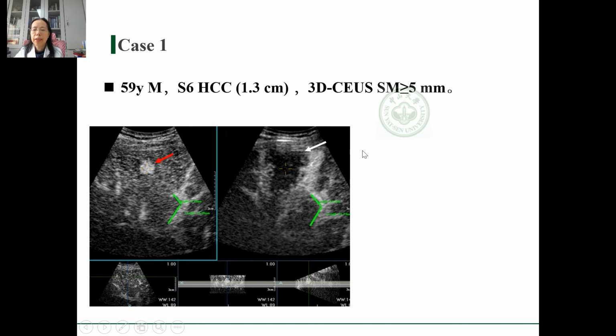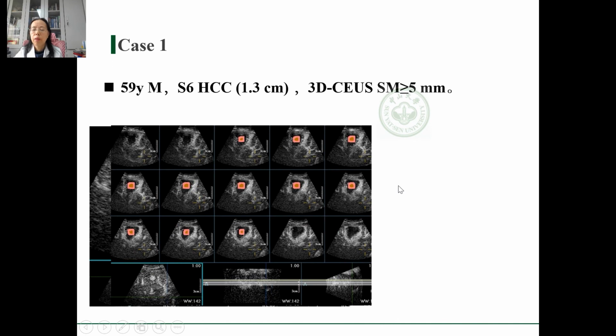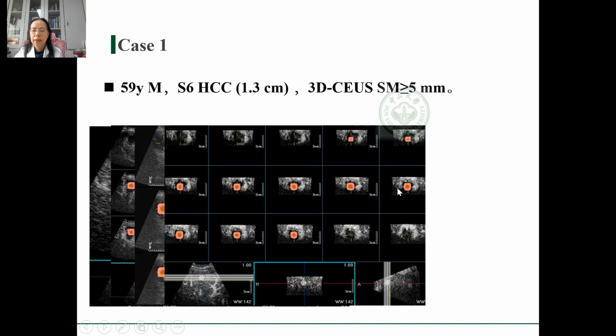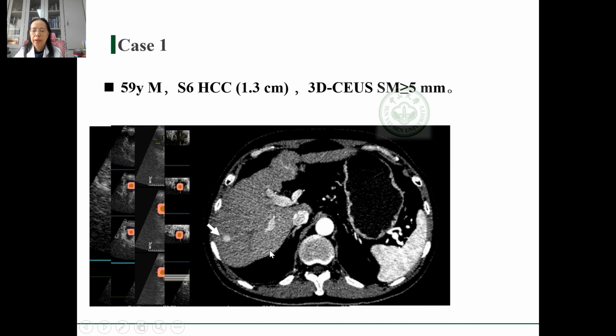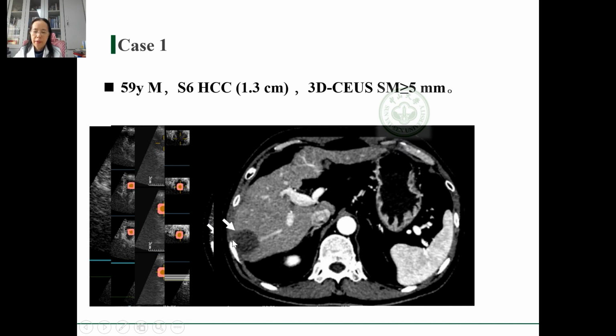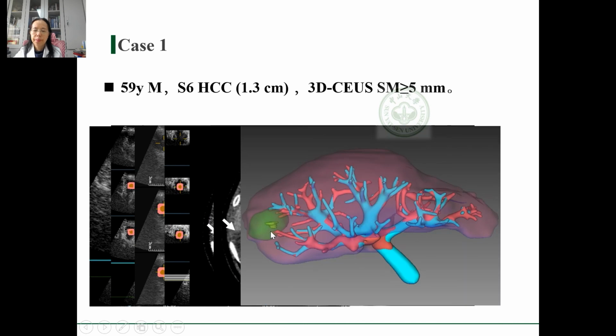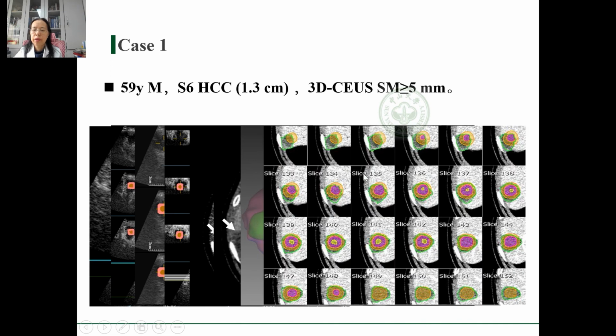In 2D and 3D, the safety margin is also larger than 5 mm. And also we can see in CT the tumor and ablation zone and the volume of the ablation zone and tumor here, the safety margin is good enough.